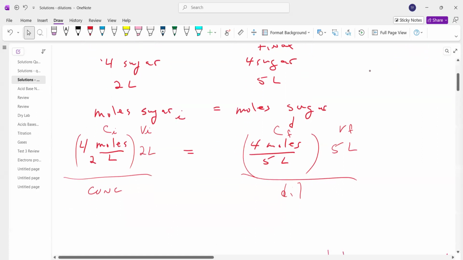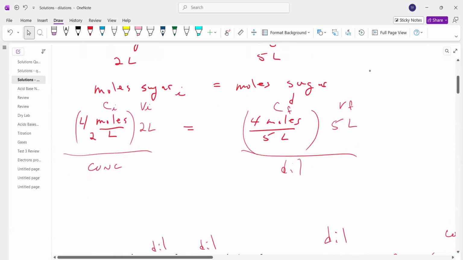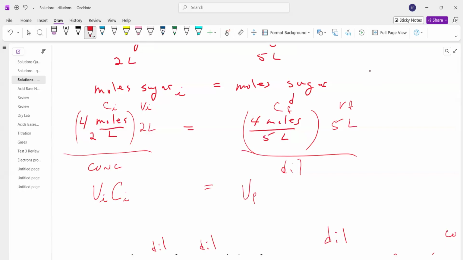So this is the equation we're working with. We've got the initial volume times the initial concentration equals the final volume times the final concentration. How many variables are there?